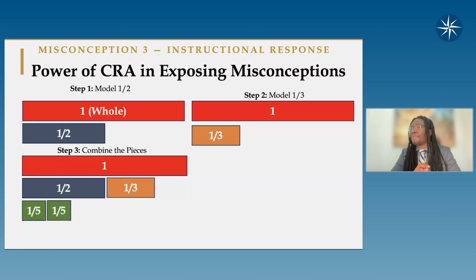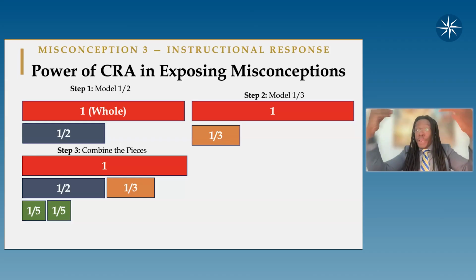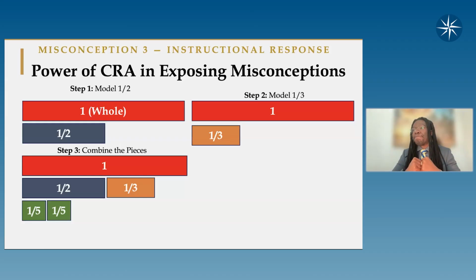Here we are destroying that. The misconception is destroyed here because if they are equal, they have to be the same length. So by just bringing out your fraction tiles, you have addressed that misconception.